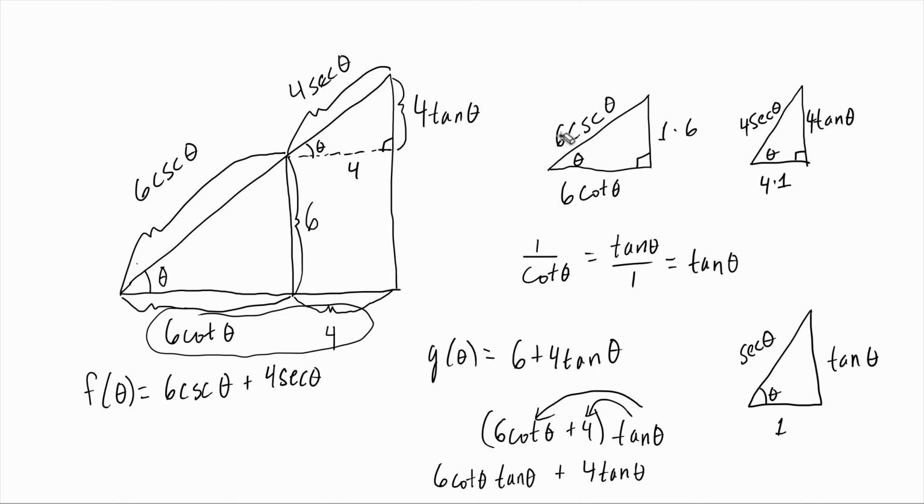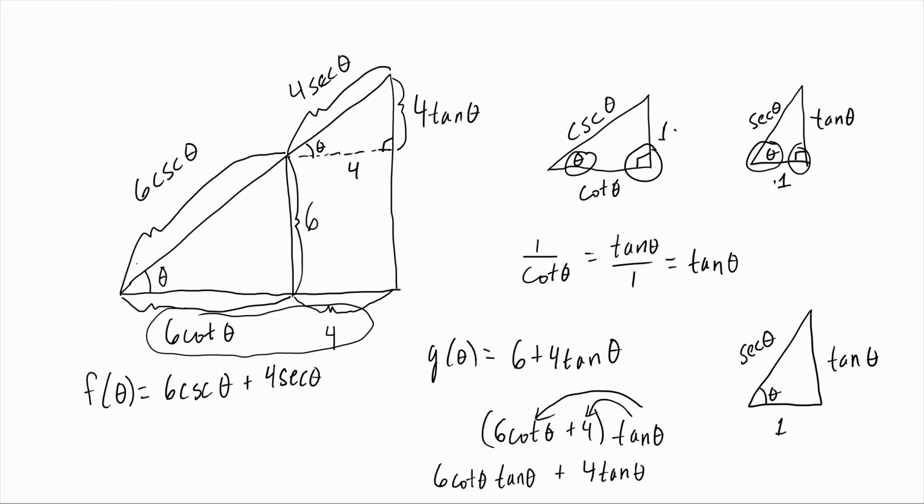If we knock off these extra numbers, the 6, 6, and 4, 4, then these two triangles, even though they have different numbers here, are similar to each other because they share the theta. Okay, so they're similar, which means that this to this is the same as this to this.